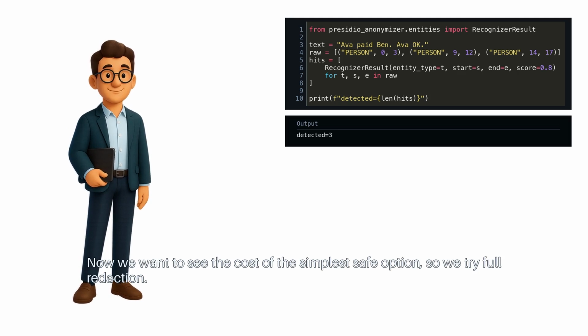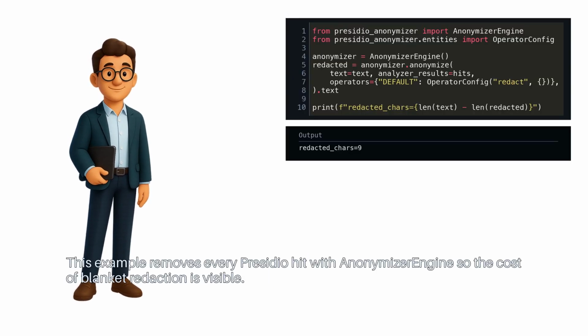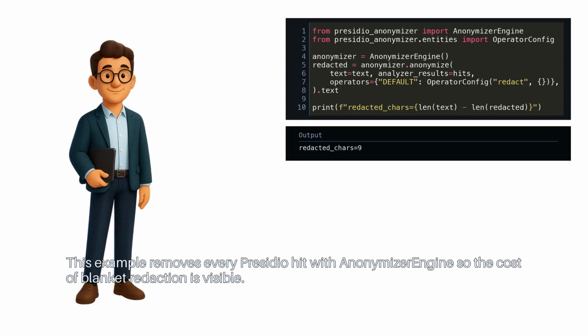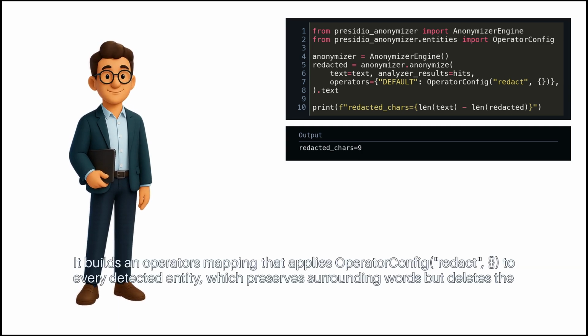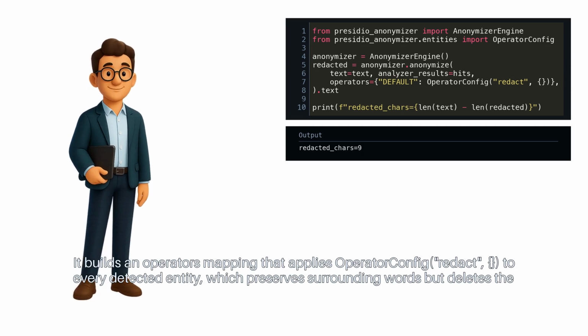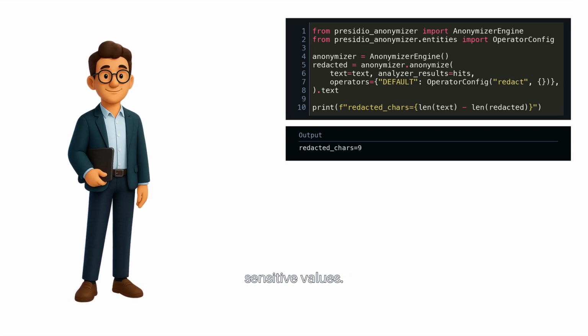Now we want to see the cost of the simplest safe option, so we try full redaction. This example removes every Presidio hit with AnonymizerEngine, so the cost of blanket redaction is visible. It builds an operators mapping that applies the operator config redact to every detected entity, which preserves surrounding words but deletes the sensitive values.